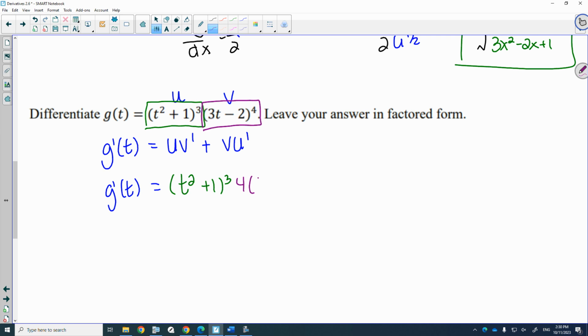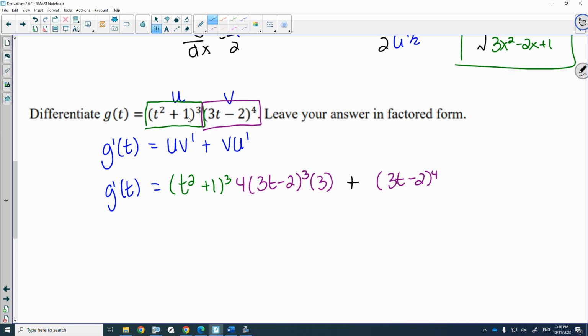Yep. And then another what, sorry? And then a 3. Okay. So there's u v prime plus v and then u prime.